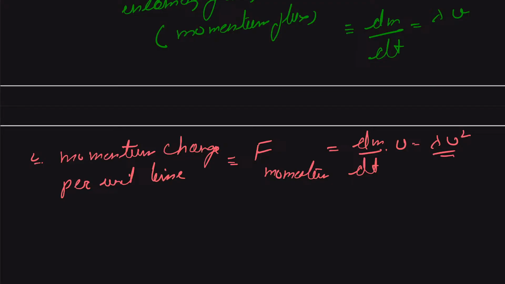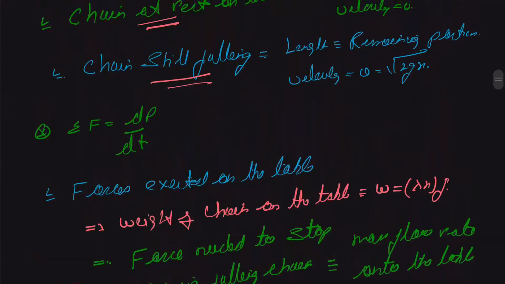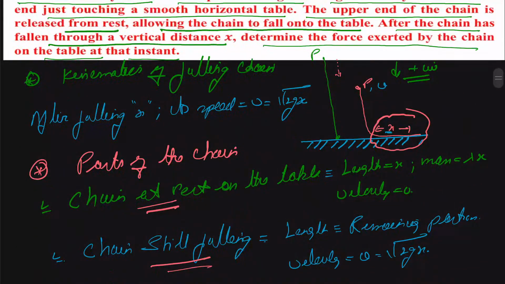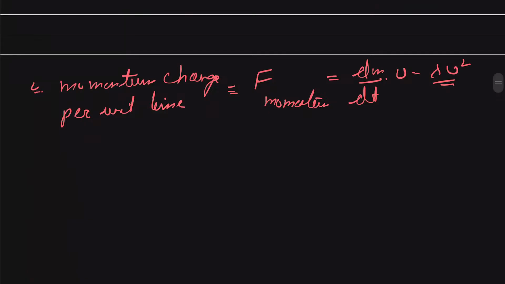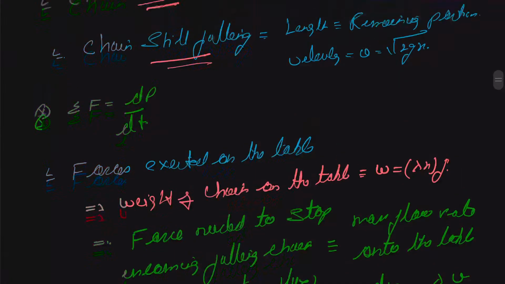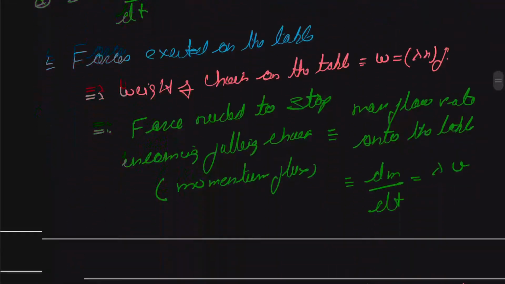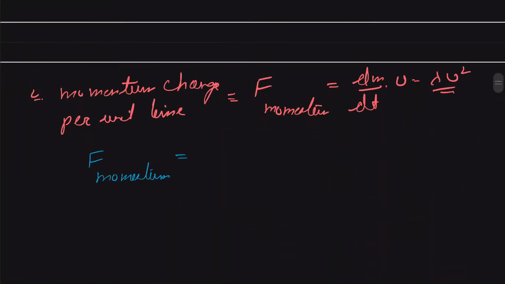And v squared, v we already know is the square root of 2gx. So we substitute it here and we get that our F momentum will be equal to 2 lambda gx.